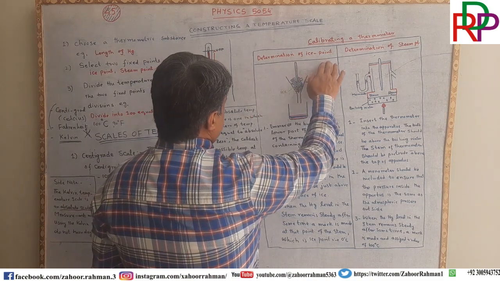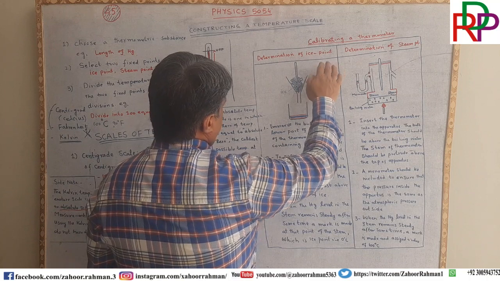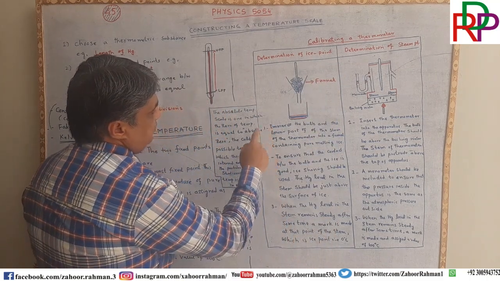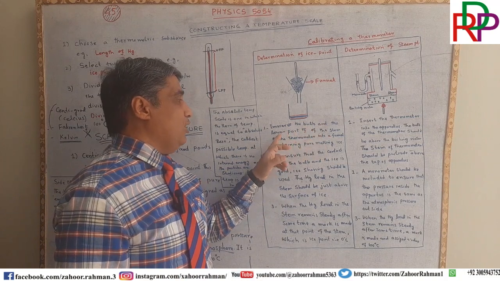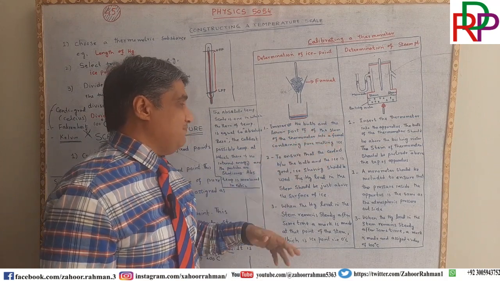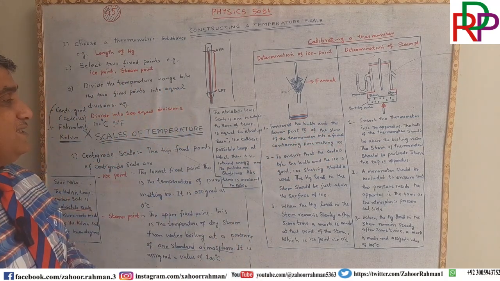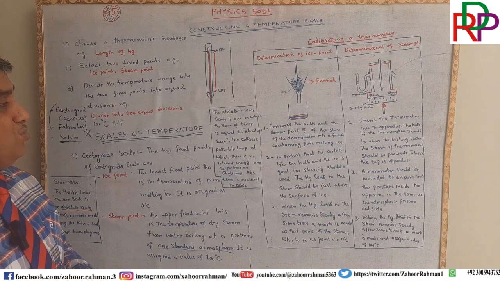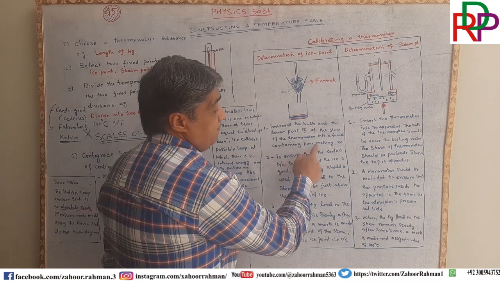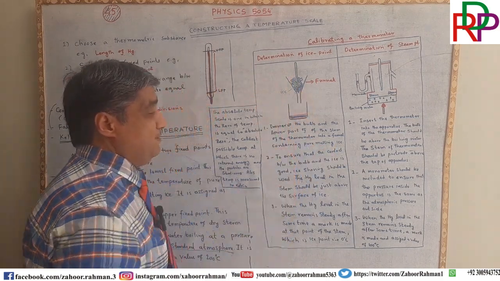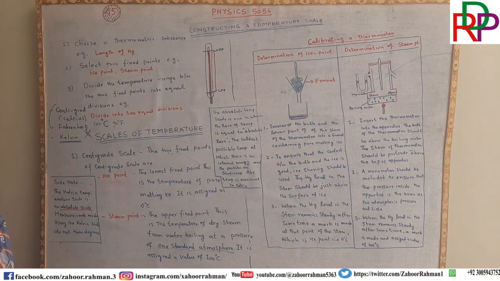Determination of ice point, we are talking about. So first we have to immerse the bulb and the lower part of the stem of the thermometer into a funnel containing pure melting ice. The ice must be pure. I told you what is pure.